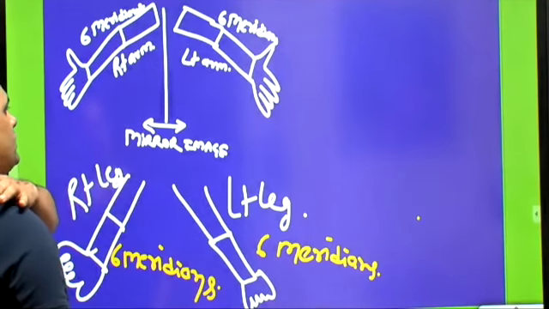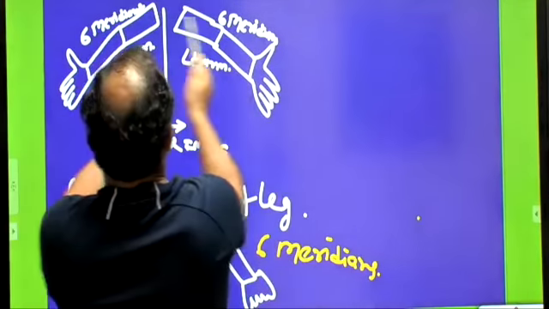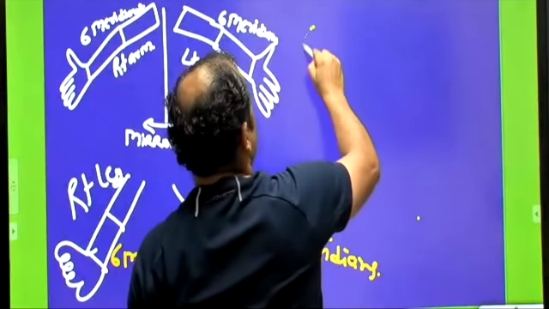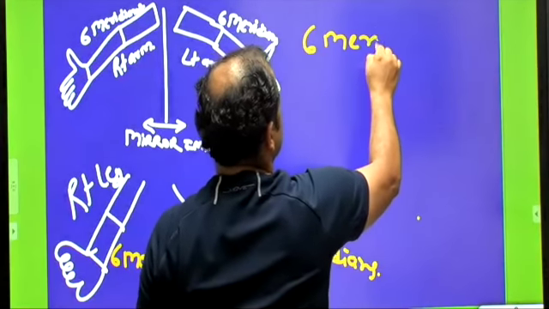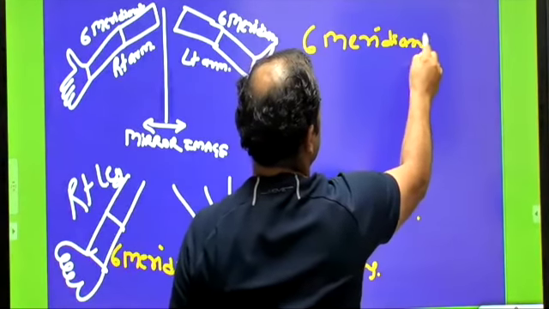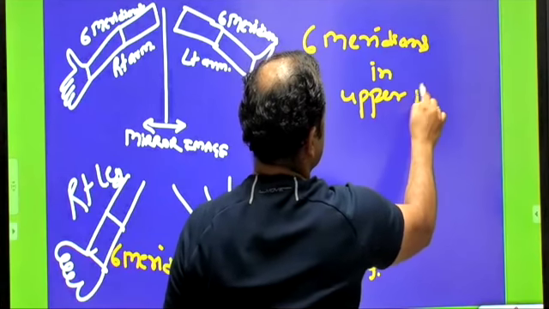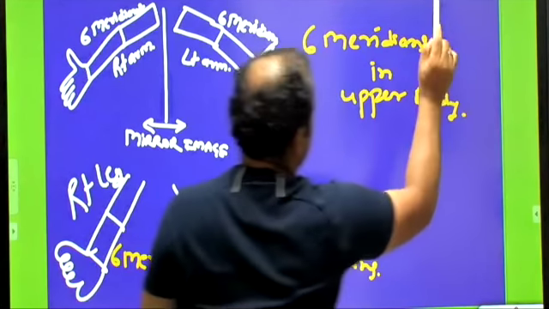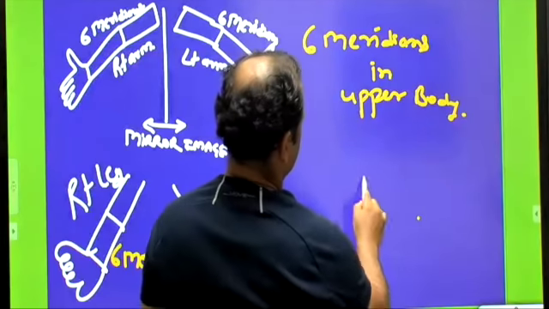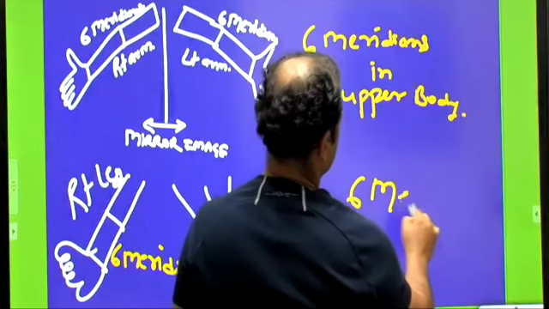So in this way we have 6 meridians in the upper body and 6 meridians in the lower body.